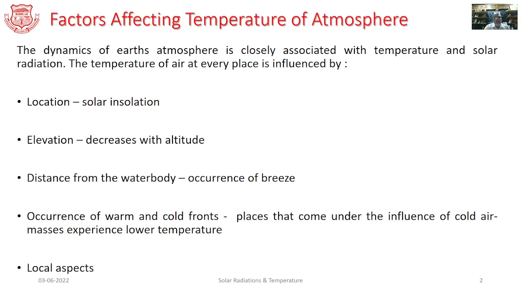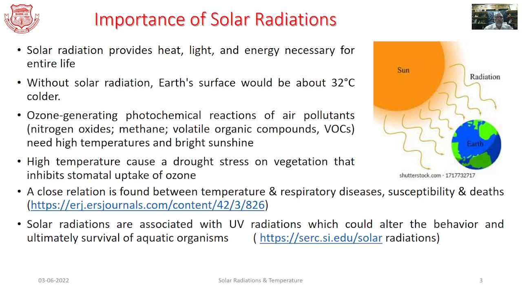We can even consider certain local aspects, for example, if there is less green cover, a kind of heat island effect, or if the topography allows the retention of heat, then in the immediate vicinity of such regions there will be a difference in the temperatures.